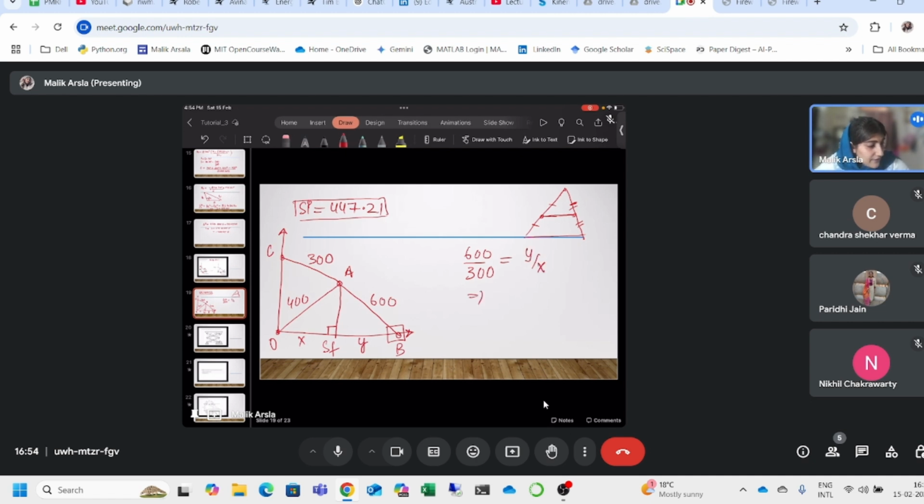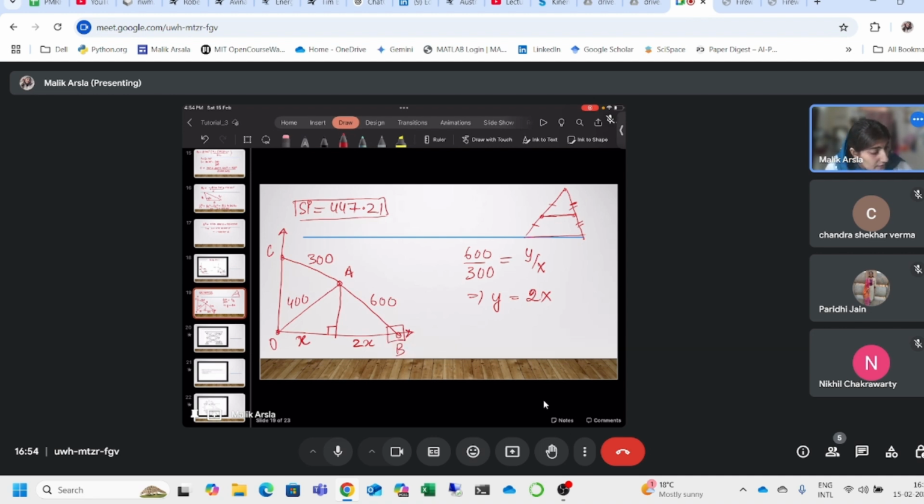So it implies y will be 2x. So it means if this whole length is 3x, this will be x and this will be 2x. Correct? But we know that this whole length is equal to S final.